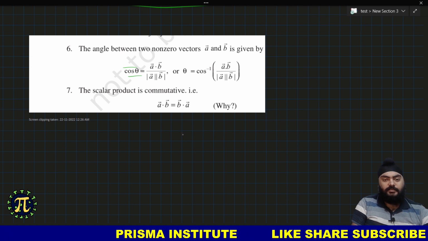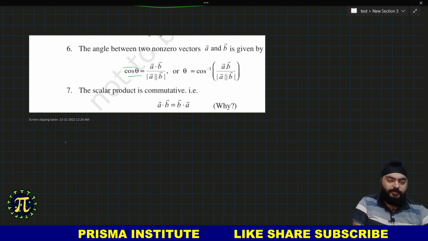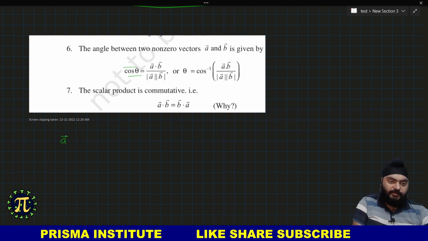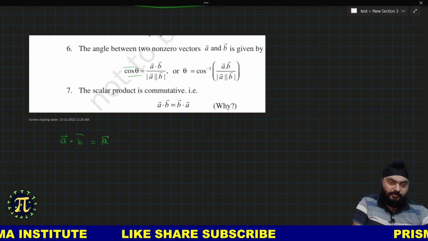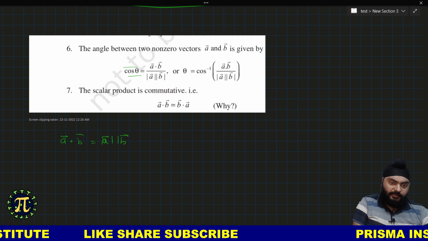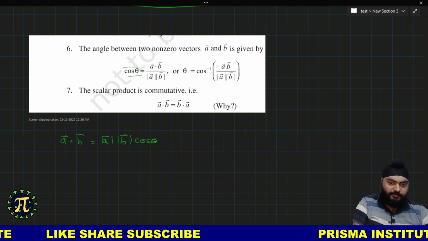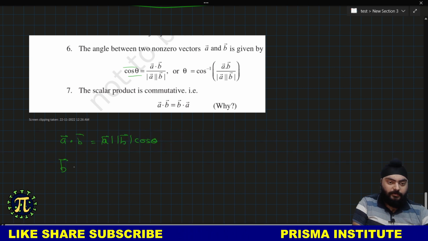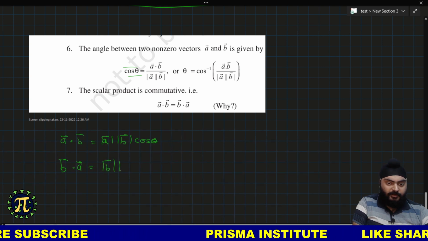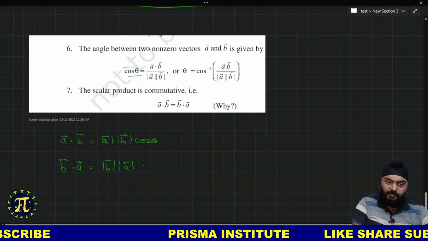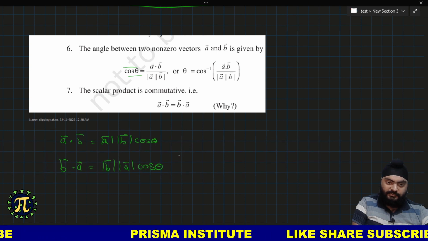And the last is the commutative property, a dot b is equal to b dot a. Why? Because what is a dot b equal to? a dot b is nothing but mod a mod b and cos of the angle between them. And what will b dot a be equal to? It will be mod b mod a, and the angle between them has not changed, so these are the same, right?